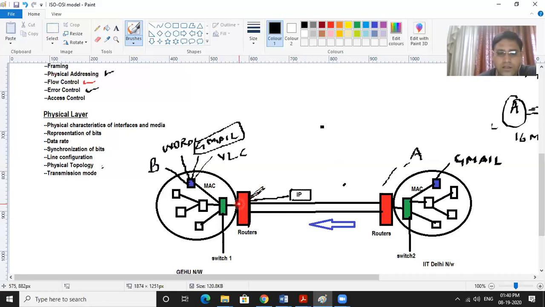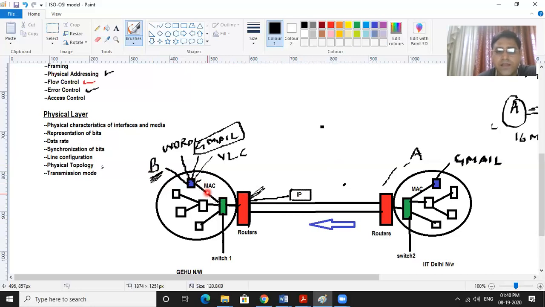Now in this hotel, he will go to the reception. So this switch is working as a reception. He will ask in which room person B is allotted. From the reception, he will get that on the fourth floor, in this room, this person is residing.